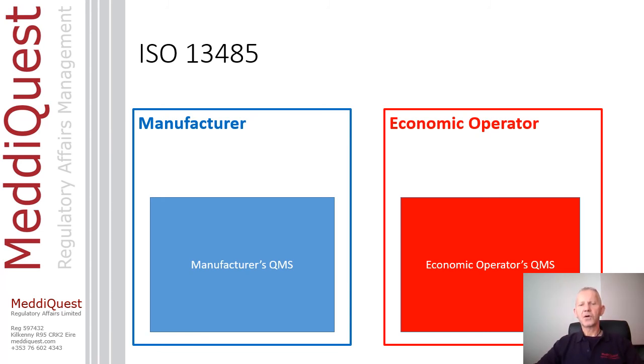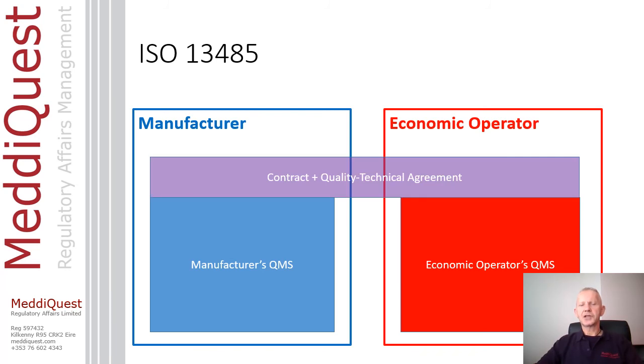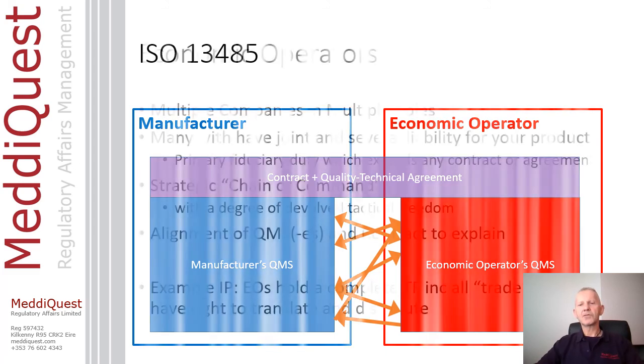So for a lot of the situation, what we have to look at is economic operators having their own quality management system and a manufacturer putting in place a contract with a quality and technical agreement that defines the communication between the economic operator's QMS and the manufacturer's QMS and deals with the assignment of roles.